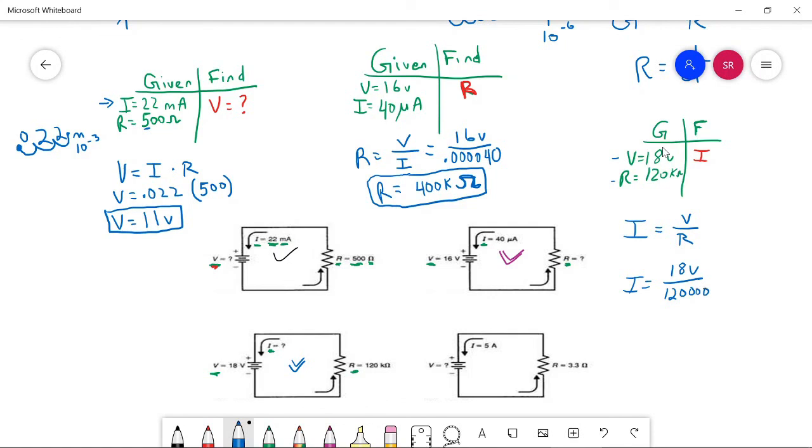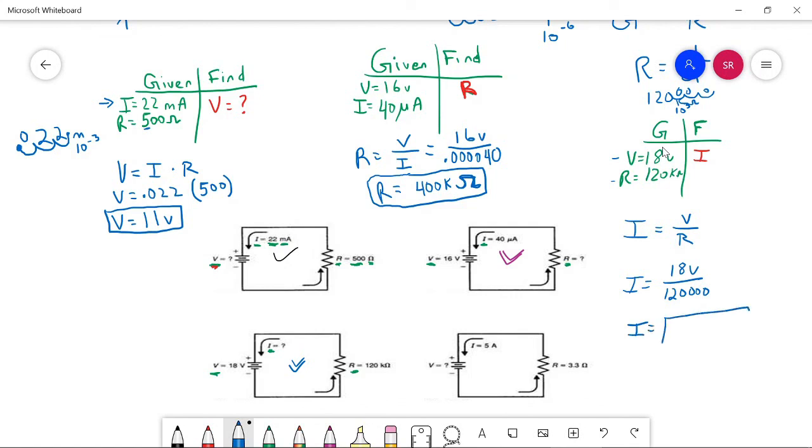So let's work it out over here. If you have 120k ohms, what's k? K is 10 to the third. Sorry guys, a little messy here. But you move the decimal 3 times to the right. 1, 2, 3. And you end up with 3 zeros. So what's my answer? What is my current?